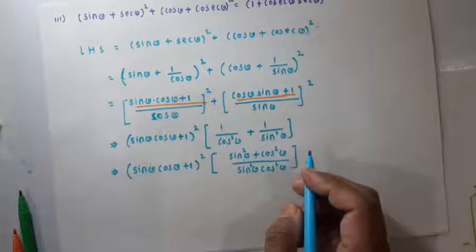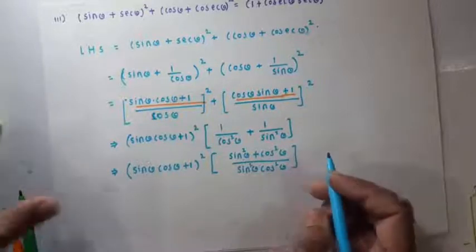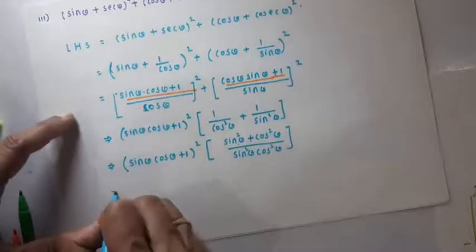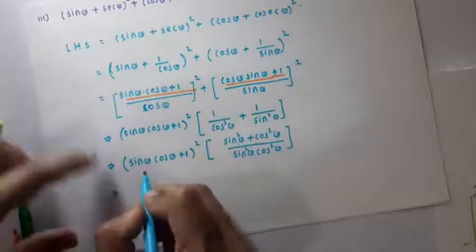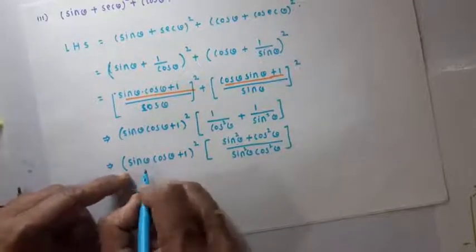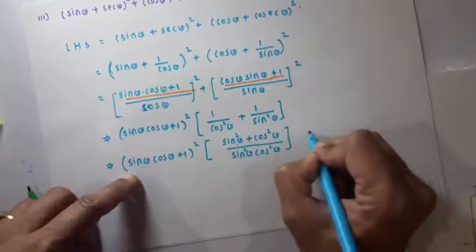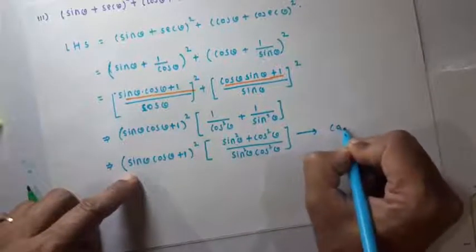Now expand the term by using (a plus b) whole square.